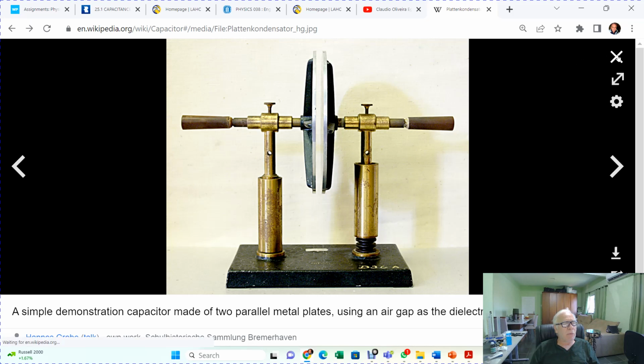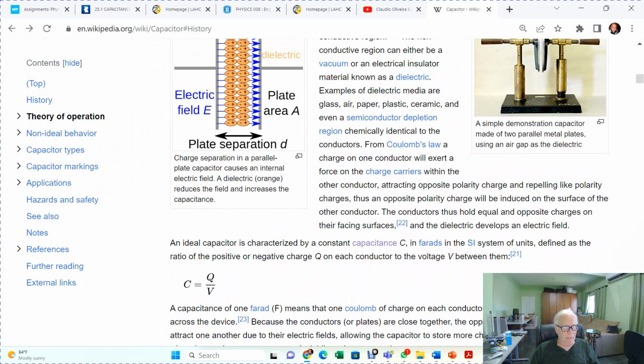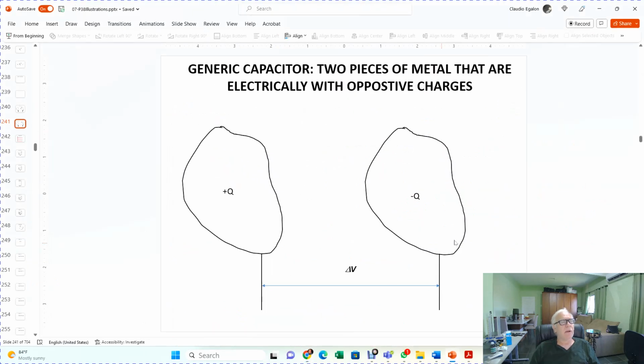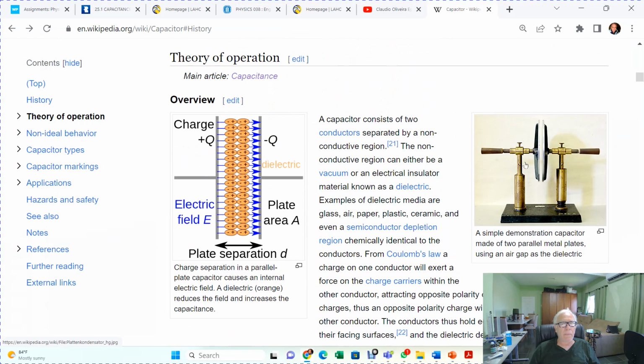And that's where we come to the point where I want to talk about some specific types of capacitors. Here you go. Here's the generic type of capacitor. You already know how to charge them with a battery, and here you go. Here's another example of a capacitor. The parallel plate capacitor, which is exactly that illustration that you saw here.